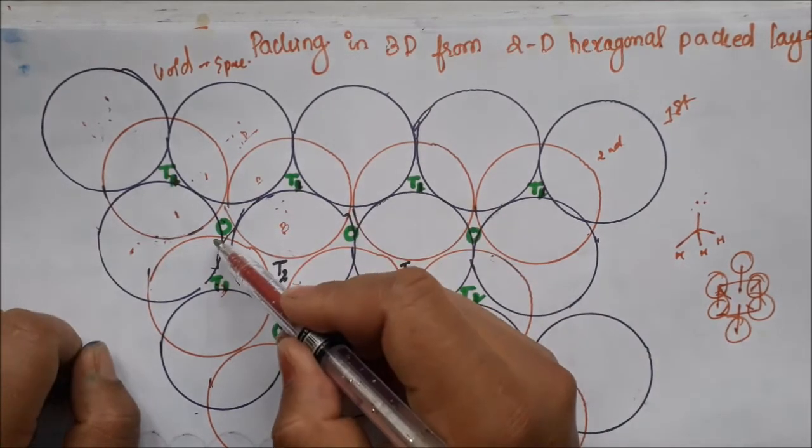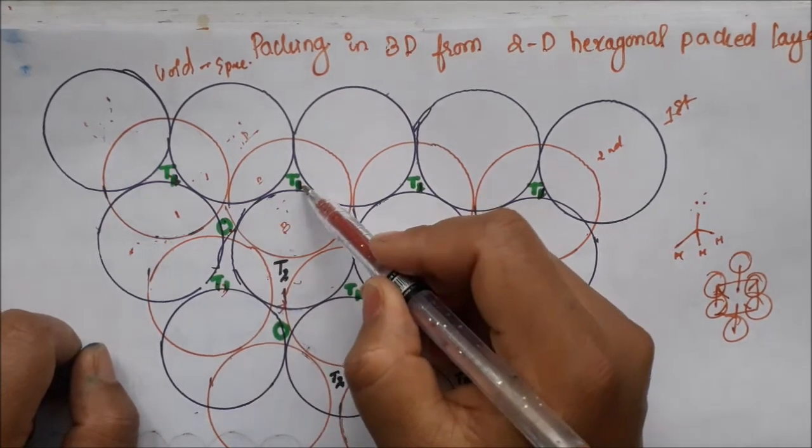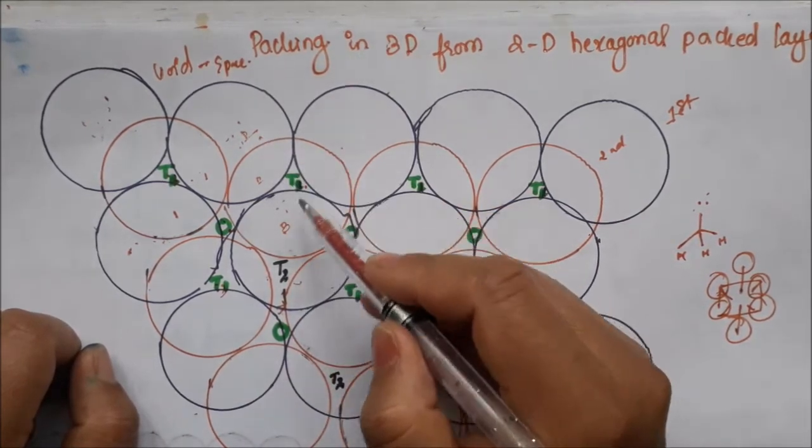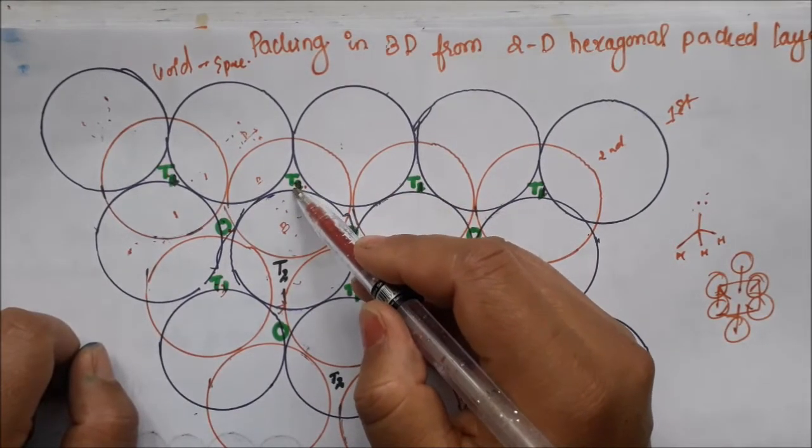For this reason it is called an octahedral void. But again the tetrahedral void results from packing of 4 particles.